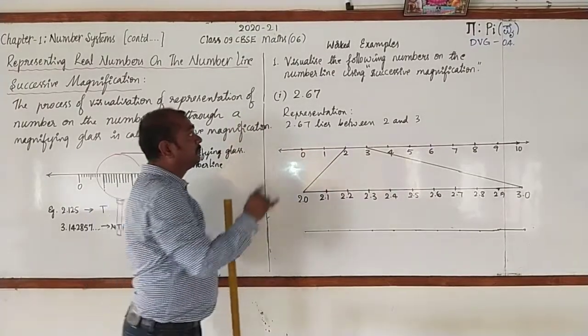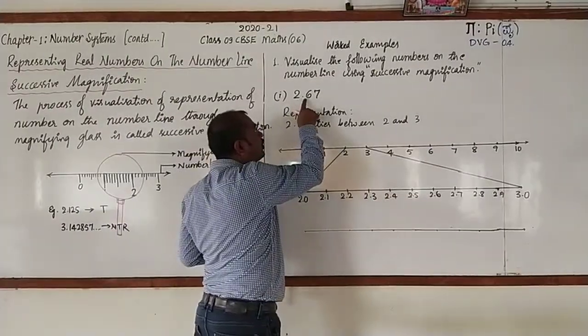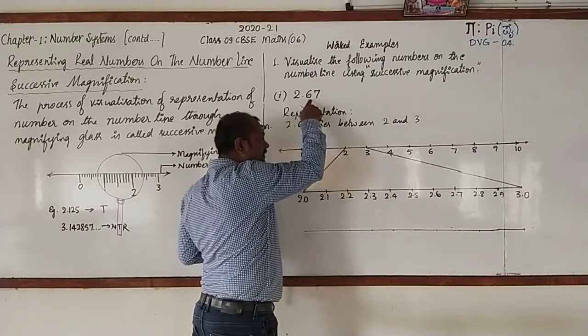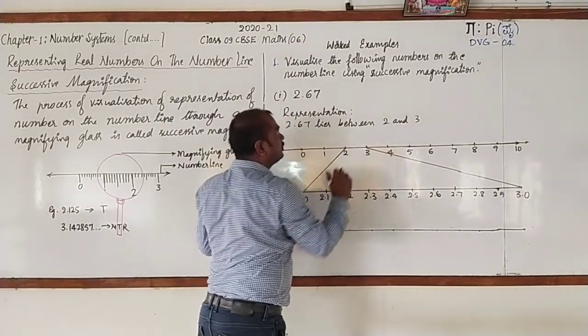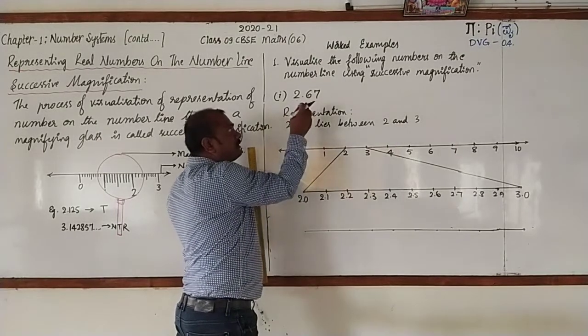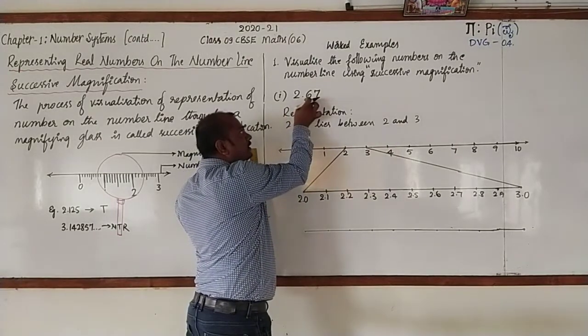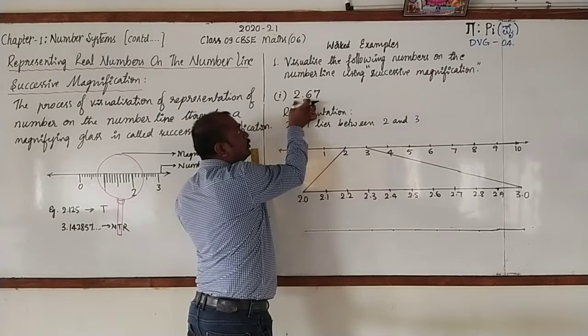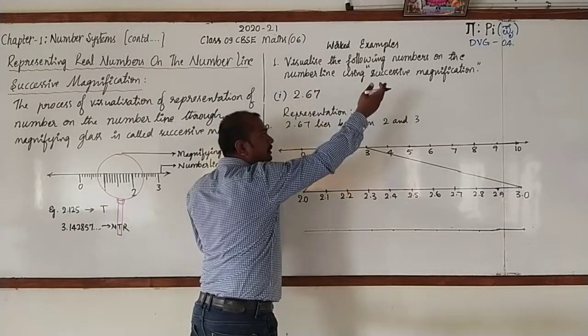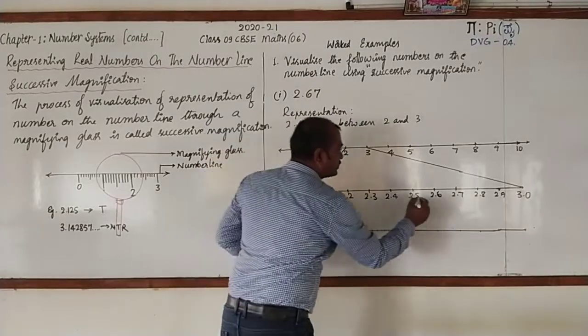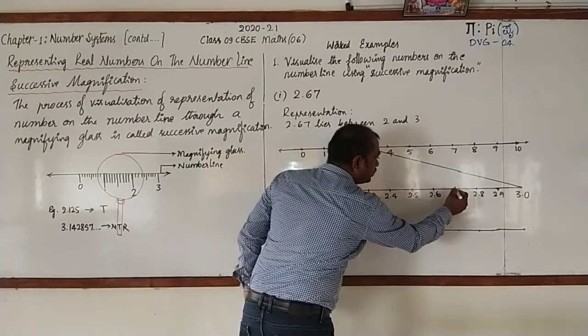Next, see that the number 2.67 is to be represented. We now know it lies between 2 and 3. Now take the digit in the decimal place. 2.67 lies between 2.6 and the next number 2.7. So 2.6 is here, 2.7 here.